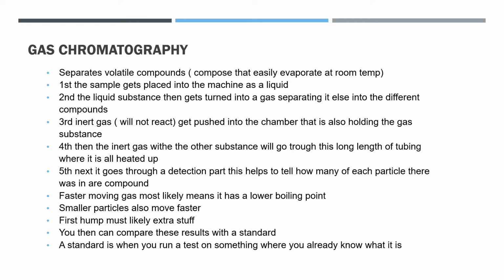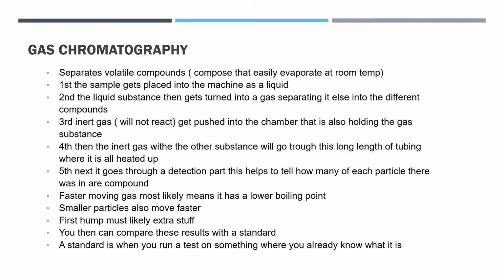Gas chromatography. Gas chromatography is the separation of volatile compounds that are easily evaporated at room temperature. These samples get placed into the machine as a liquid. Then the substance turns into a gas, separating any different elements within that compound.